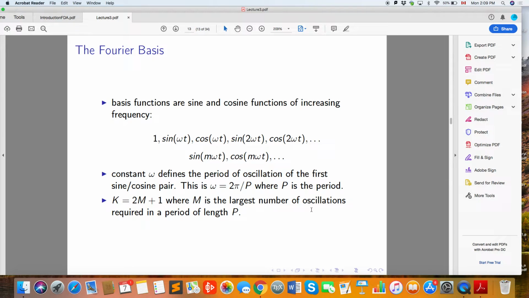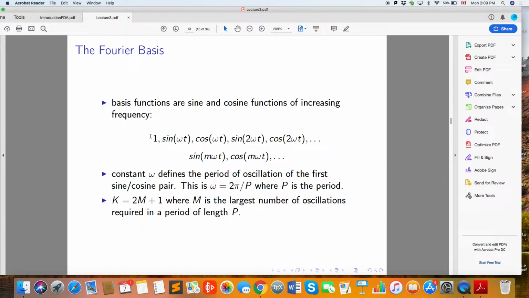One popular basis function is the Fourier basis, which is very popular when we do functional data analysis. So here is the form of the Fourier basis functions. Basically, they are sine and cosine functions of increasing frequency.